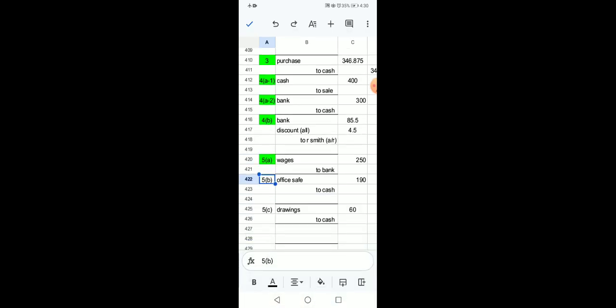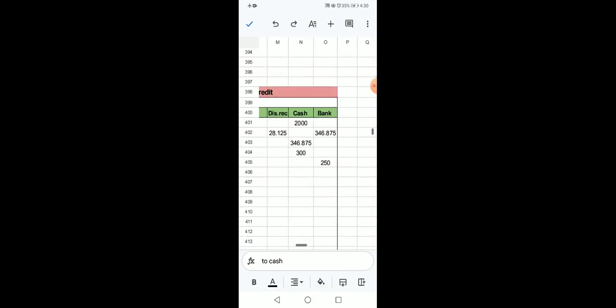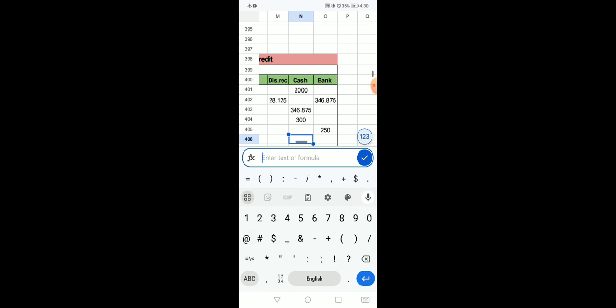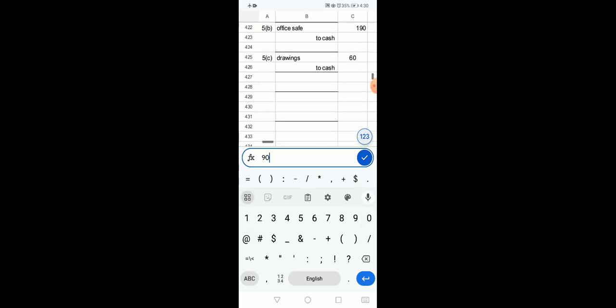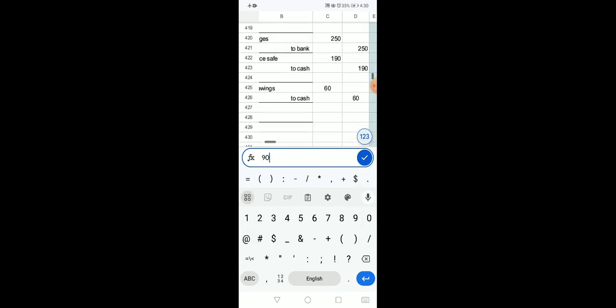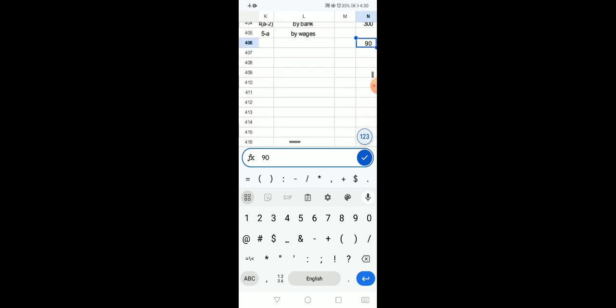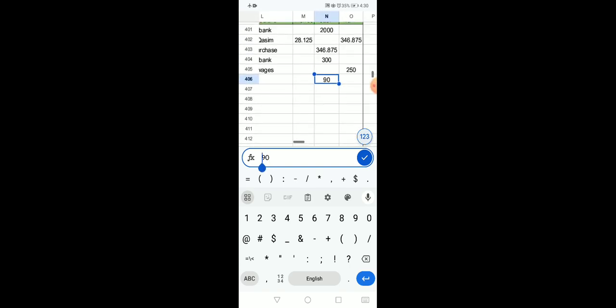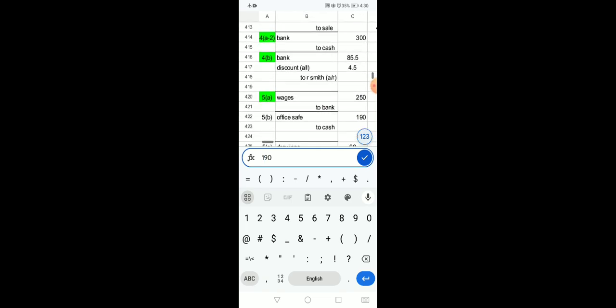And now we are at 5B, where there are two elements, but only one element is related with the cash book, and that is cash, which is credited 190. So go to the credit side of the cash and write the amount. It's 190. Okay, 5B is 190. You will write 190 over here. See the reference.